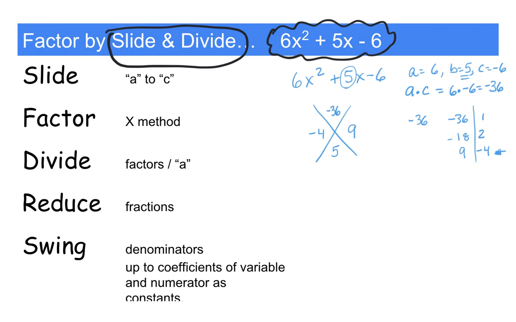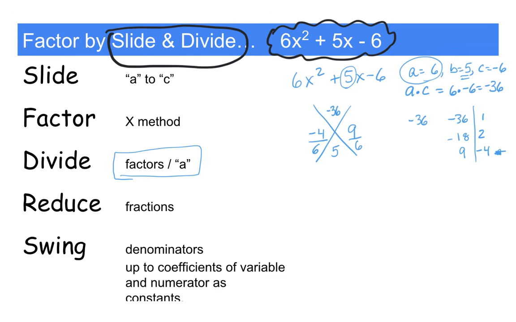My next step is to now divide these factors that I just found, the negative 4 and 9, by A. So factors are going to get divided by A. So negative 4 is going to get divided by 6 because remember A is 6. And then 9 is also going to get divided by 6 because A is 6.